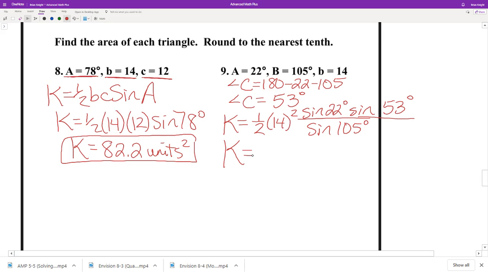So if I were doing it, I'd do 14 squared, sine of 22, make sure you close your parentheses, sine of 53, close your parentheses. I got a really tiny decimal. Hit enter, and for the entire thing, you should get 30.4.